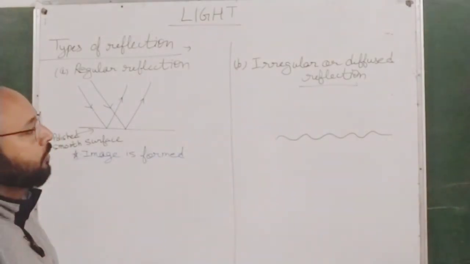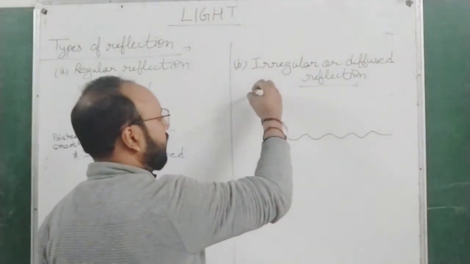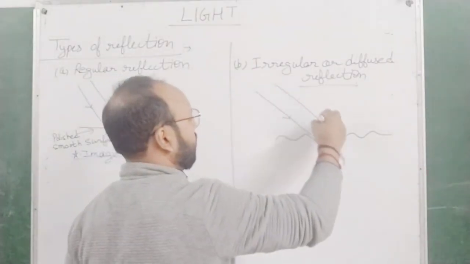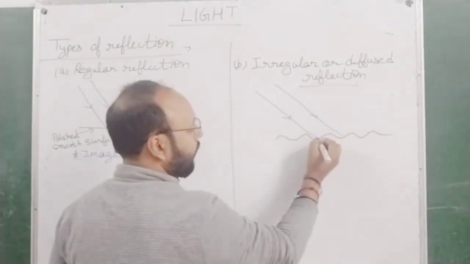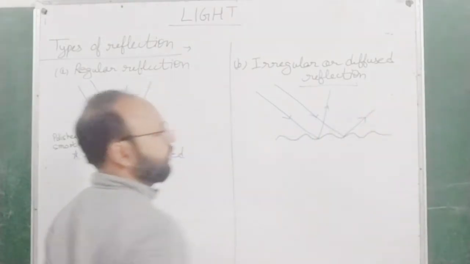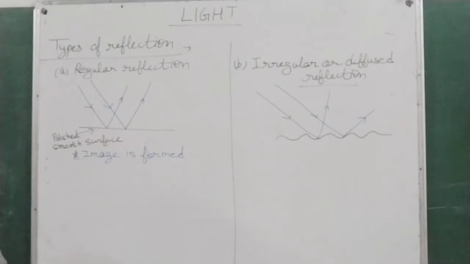Now again the rays will come parallel like this, but after striking they will not remain parallel to each other. They will move in other directions, so that is why they are not forming an image. So what can we say about the image?